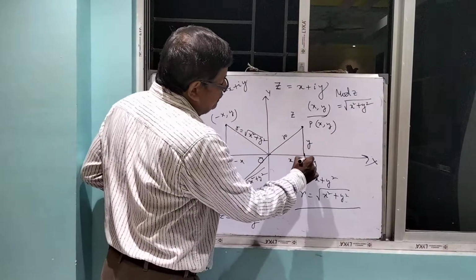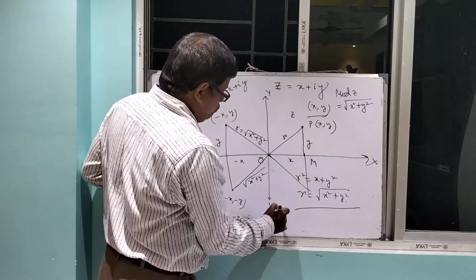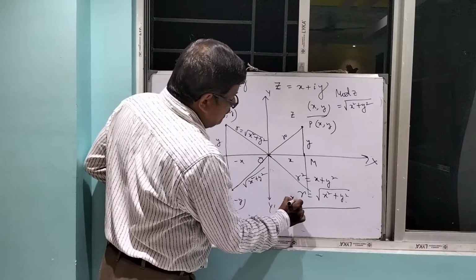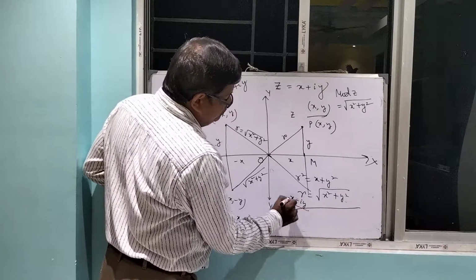Similarly, put the point on that side: X, minus Y. So Z is the complex number X minus iY.